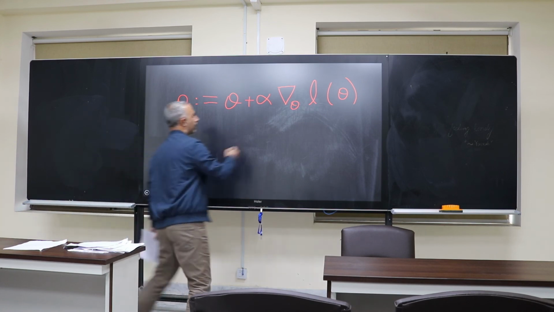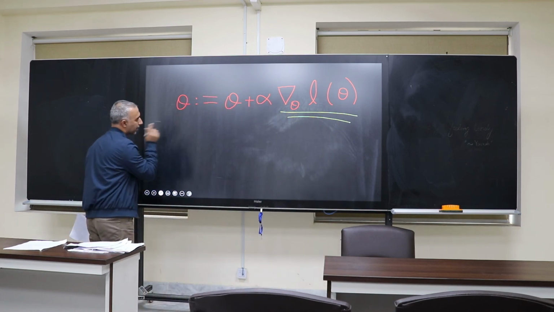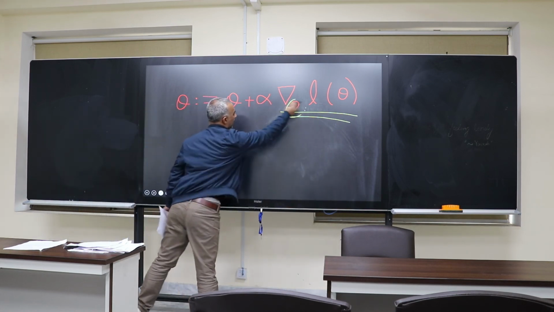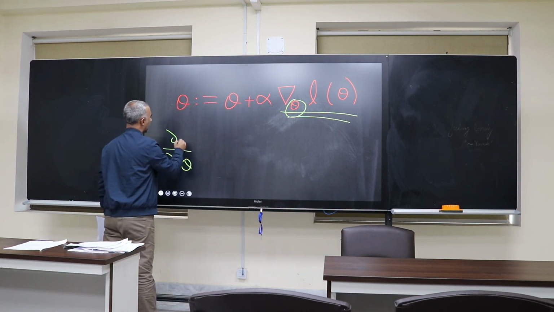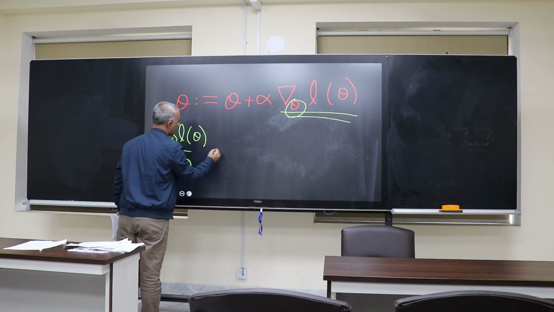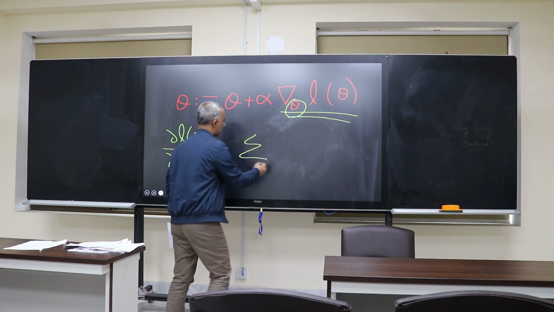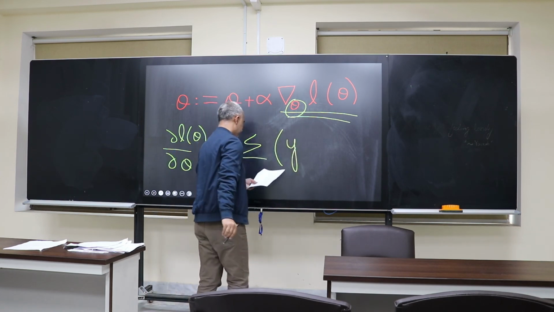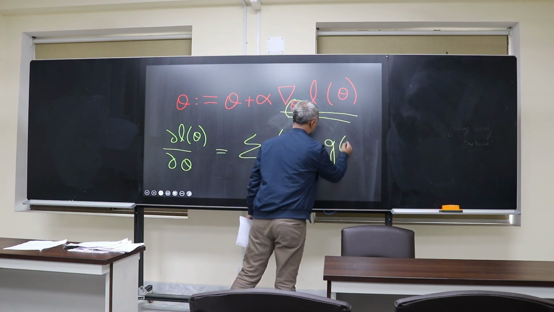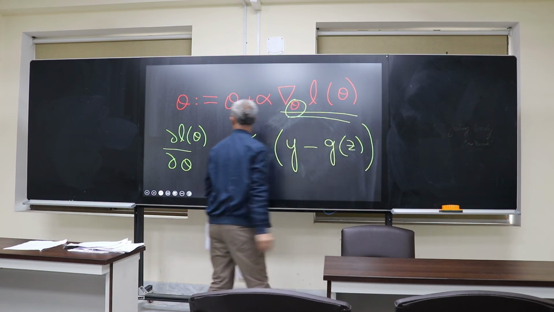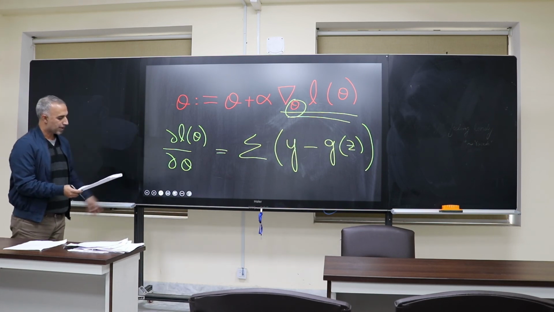You need to consider this one, some kind of partial derivative with respect to theta of the likelihood. So you will get some kind of a summation of y minus g of z. This is your estimation value.